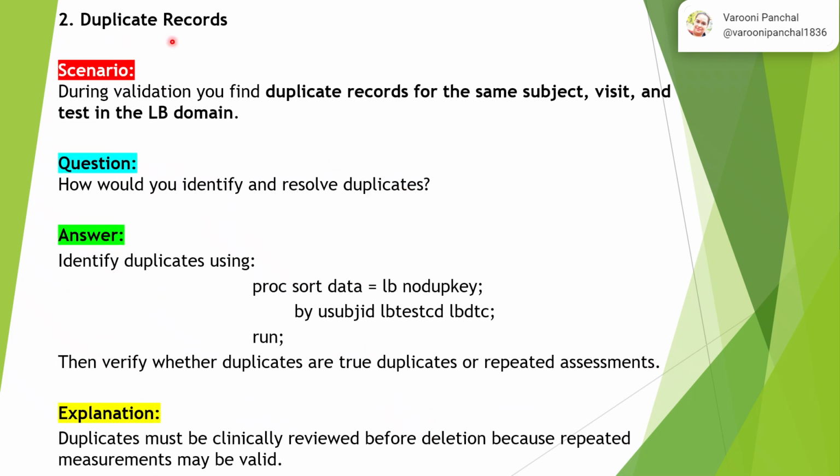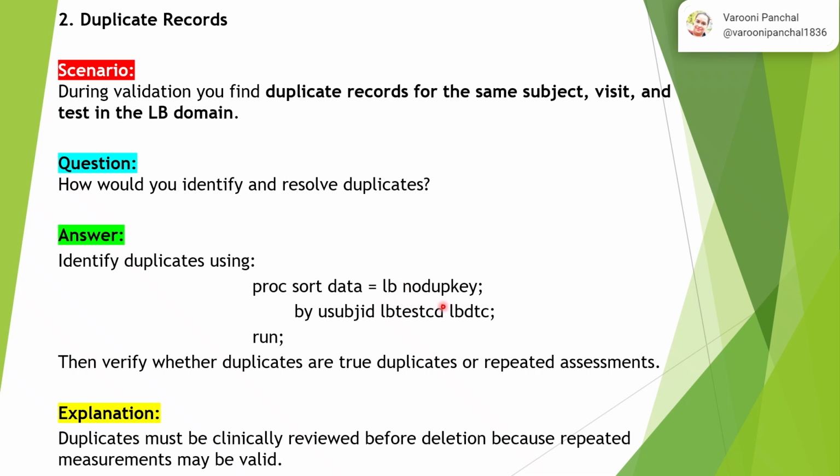Number 2, duplicate records. Scenario. During validation, you find duplicate records for the same subject, visit and test in the LB domain, which is the laboratory. Question. How would you identify and resolve duplicates? You can identify duplicates using PROC SORT DATA= the name of the dataset.